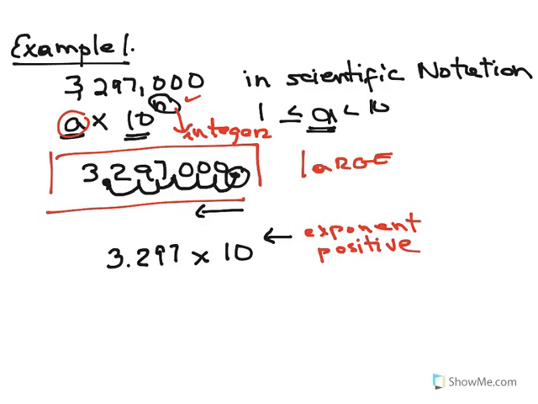So let me count the spaces I just took to move my decimal point: 1, 2, 3, 4, 5, and 6. So now it's 3.297 times 10 to the 6. And that's the representation in scientific notation.